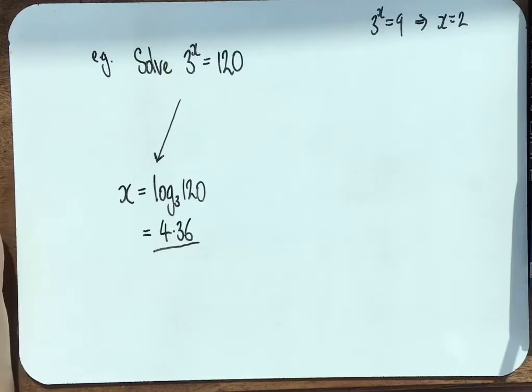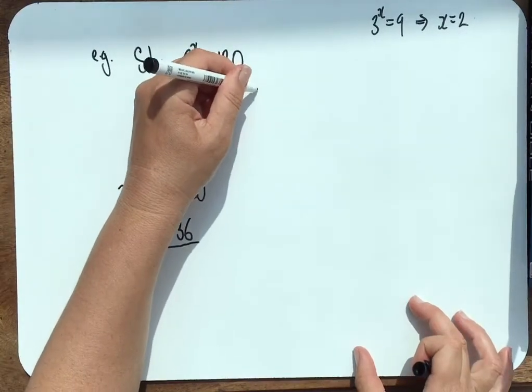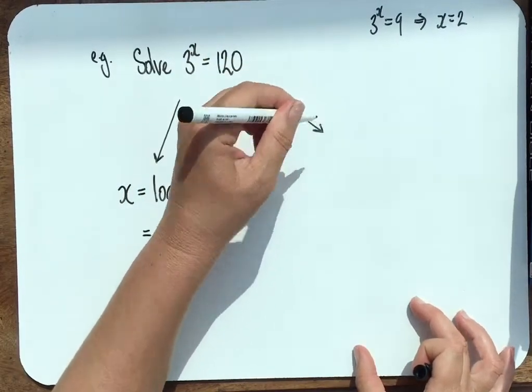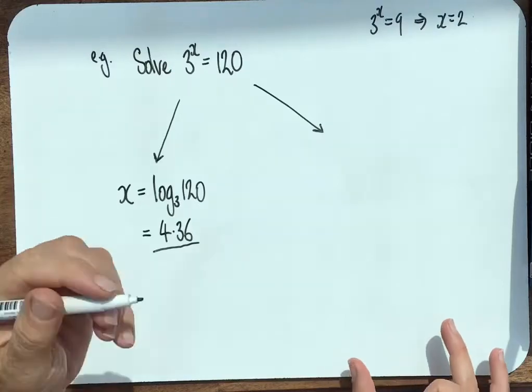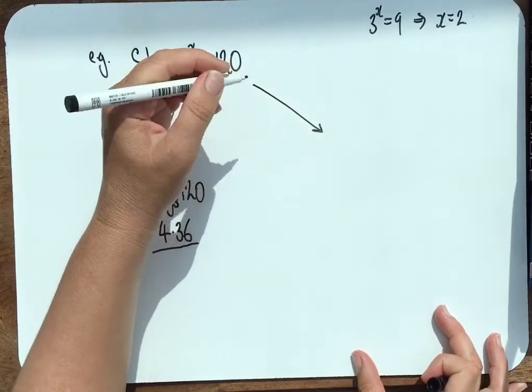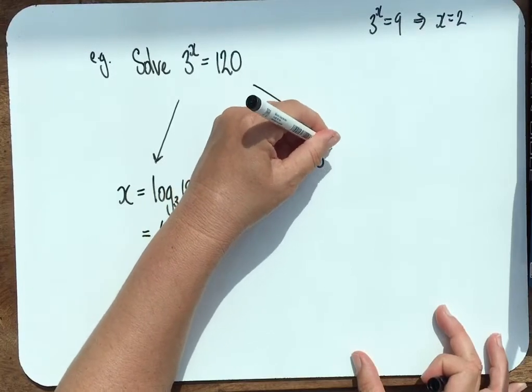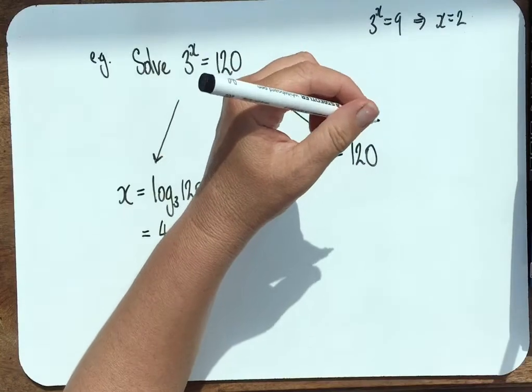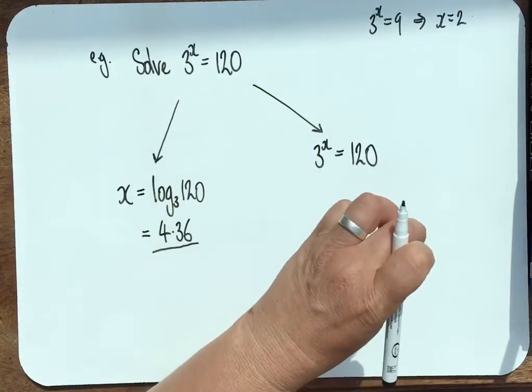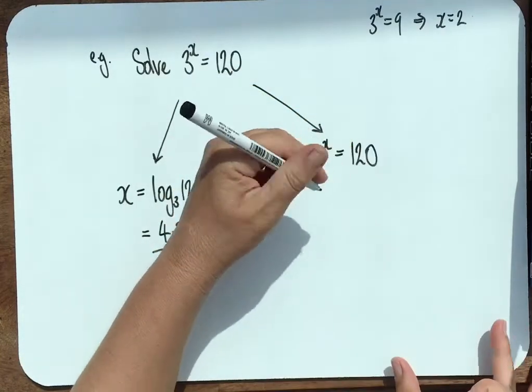The other way is to take logs of both sides. And you certainly should know how to do this. Generally speaking, you take base 10 logs, so I'm not going to write in a base 10. So if 3 to the x is 120, then if a equals b, log a equals log b.